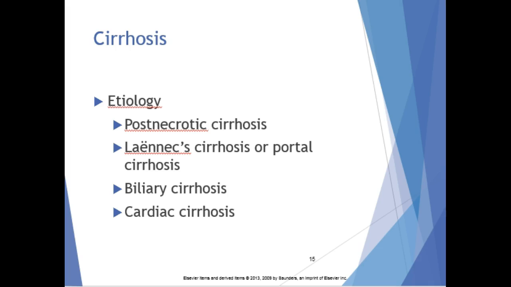Okay, next let's take a look at cirrhosis. There are different types of cirrhosis. There's the post-necrotic cirrhosis, which is caused by viral hepatitis or toxic substances, parasites, or infection. The Laennec cirrhosis or portal cirrhosis occurs from alcoholism.